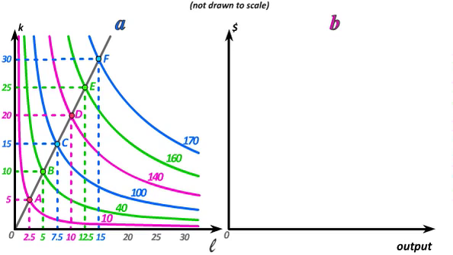Going from B to C, it increases by 60. Then from C to D, it only increases by 40. From D to E, only by 20. And from E to F, only by 10. We therefore see the initially increasing returns to scale turn to decreasing returns to scale along this ray from the origin.